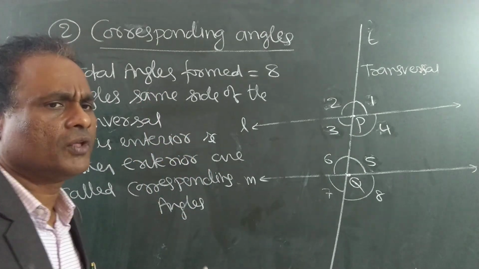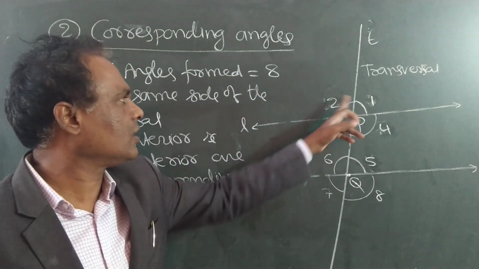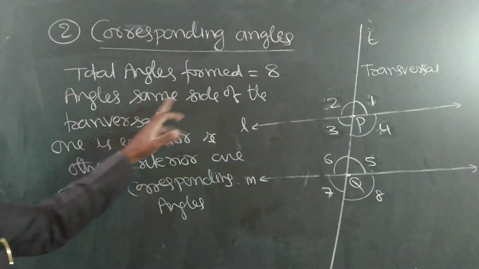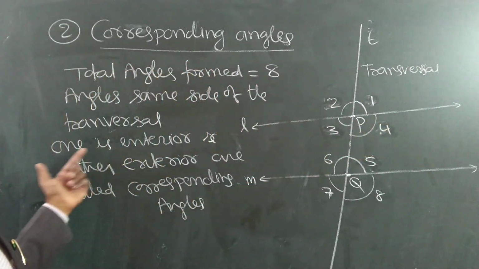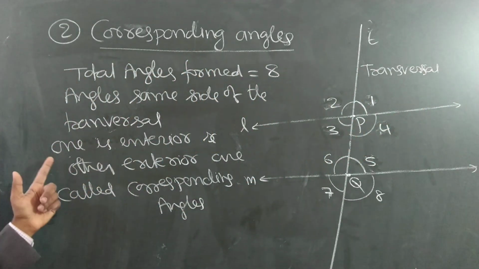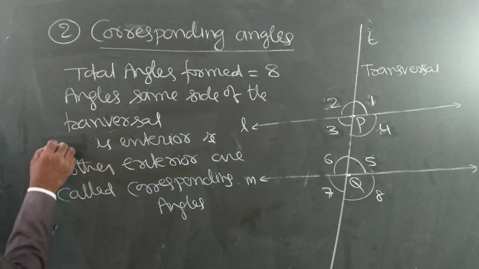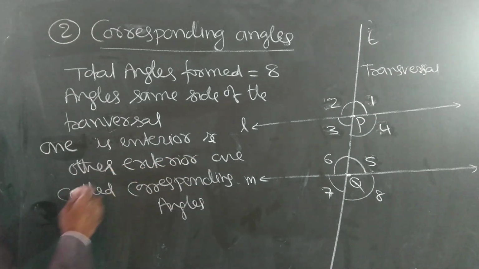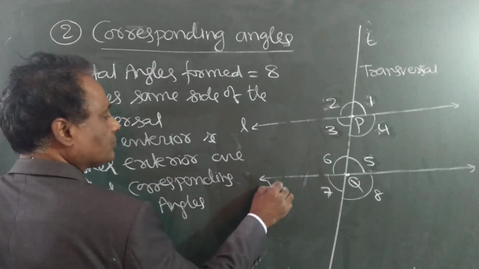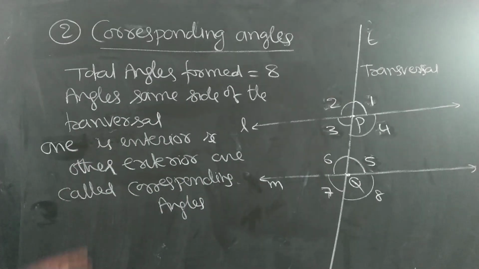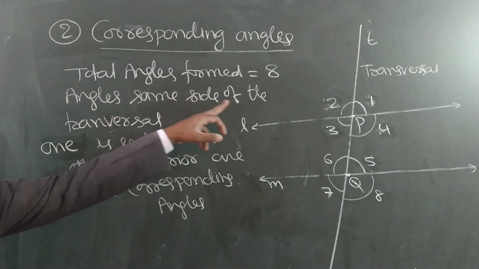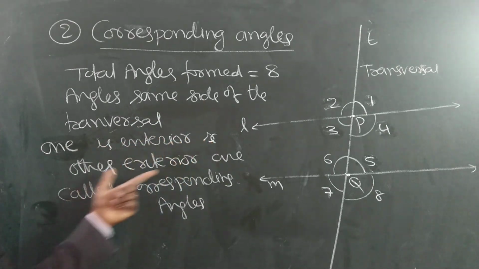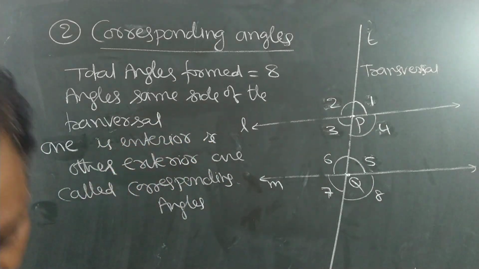First, write down some concept. So, total number of angles formed is 1, 2, 3, 4, 5, 6, 7, 8 angles. In that, angles on the same side of the transversal, one interior and the other exterior, are called corresponding angles.